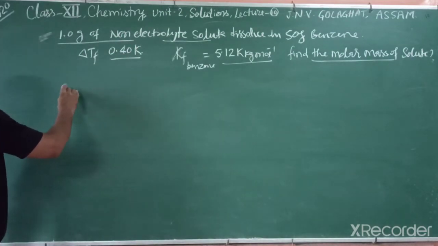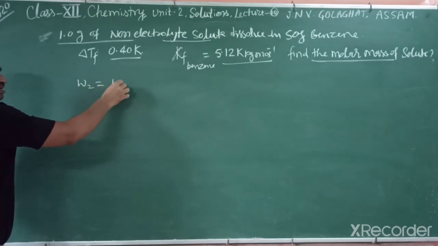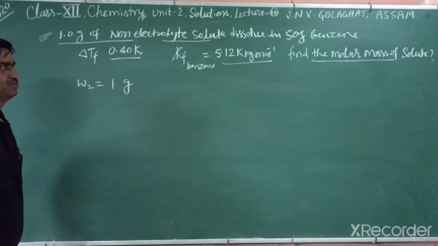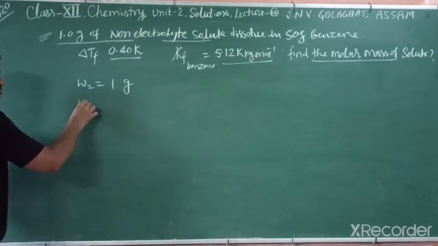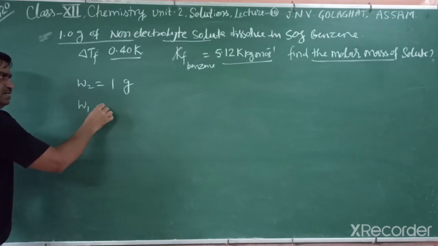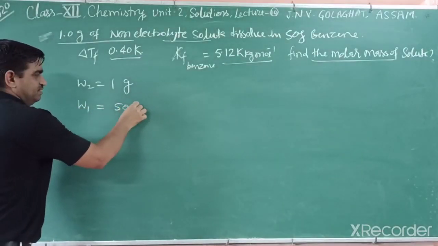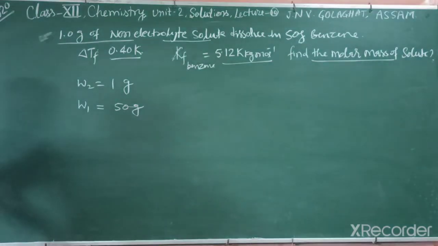1 gram non-electrolyte means W2 is equal to 1 gram, the solute. W1, the weight of solvent, is 50 gram, that is benzene.